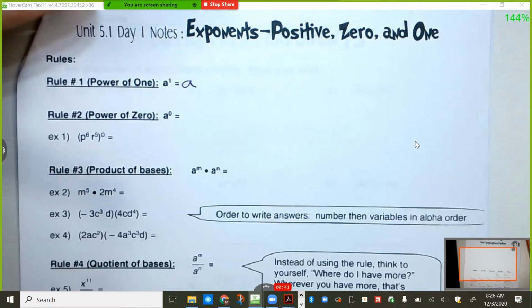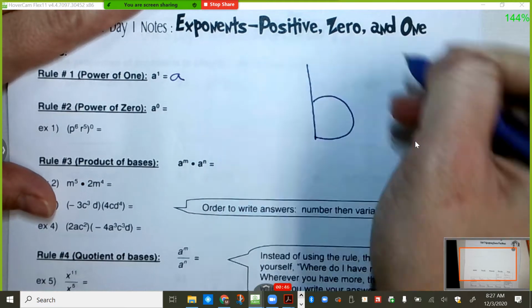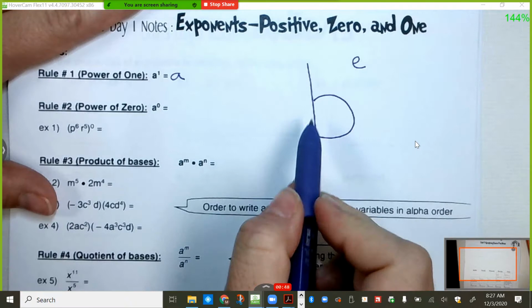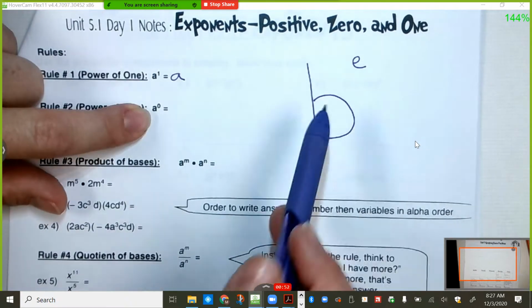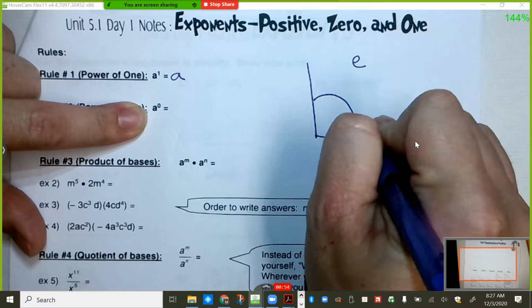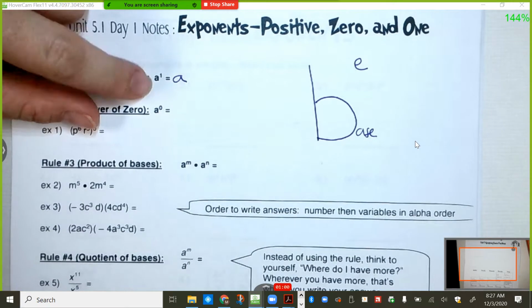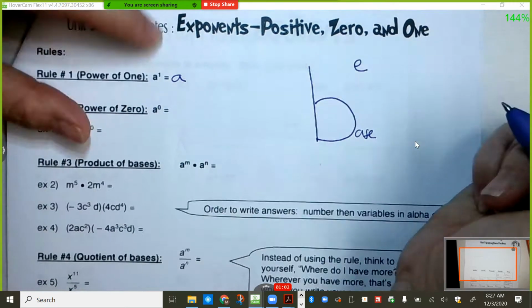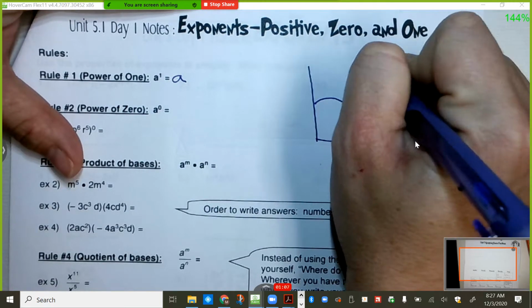So one thing I do want y'all to realize, the big number or letter, like A, for instance, is called your base. Okay, the little number or letter in the top corner, what do we call? The exponent. Do we also call it our power?